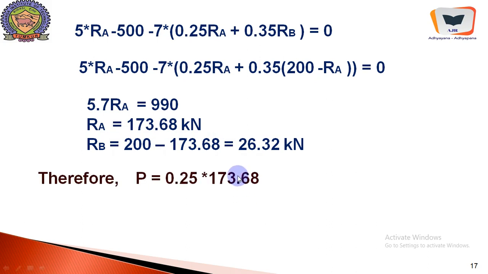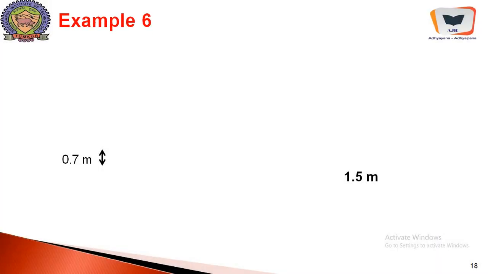Then we apply the known values of RA and RB to equation number 2, which relates RA and RB in terms of frictional coefficients. So P happens to be 52.63 kilonewton. So 52.63 kilonewton is just enough to create some kind of a jerk, some kind of an instability, an impending motion of the gate to the right.